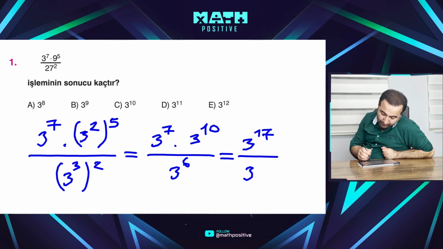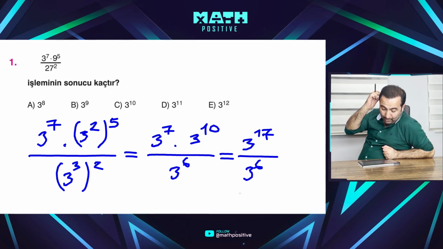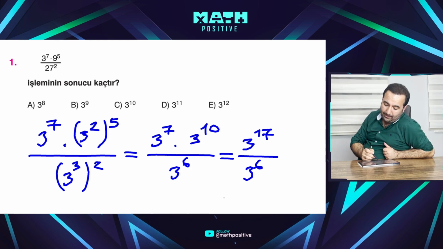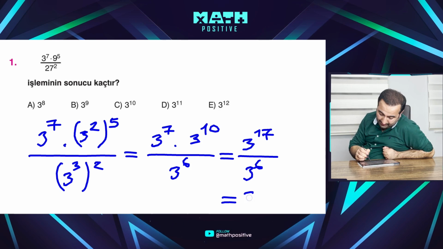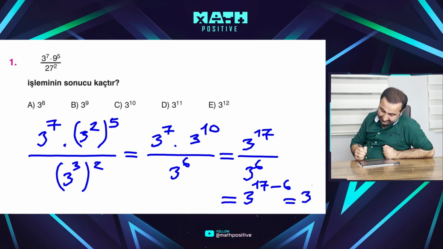Let's move forward. The upper side is a multiplication of common bases, so we add these two numbers up and write 3 to the power 17 over 3 to the power 6. And this is another rule, the division rule with the same bases.